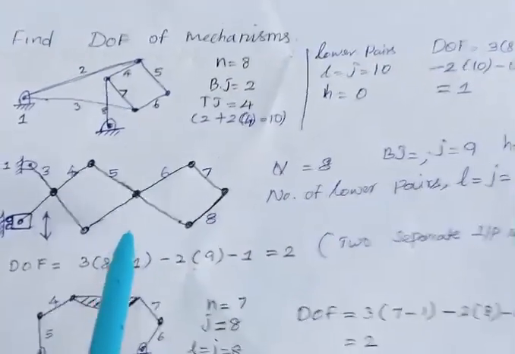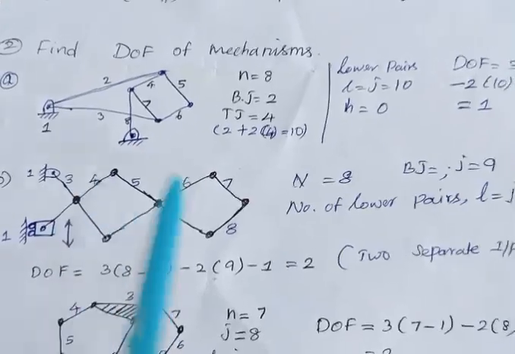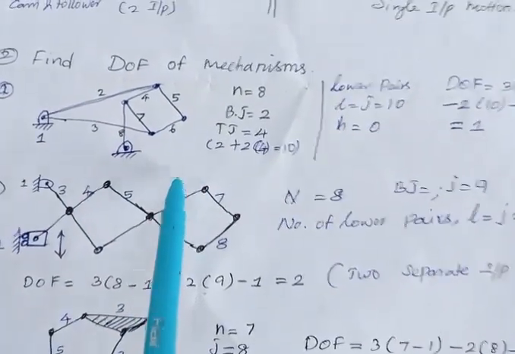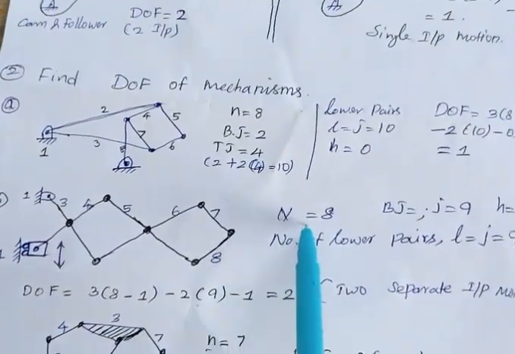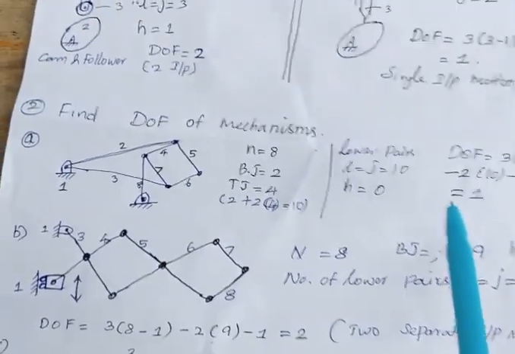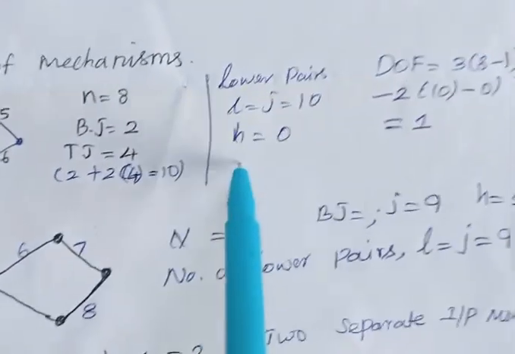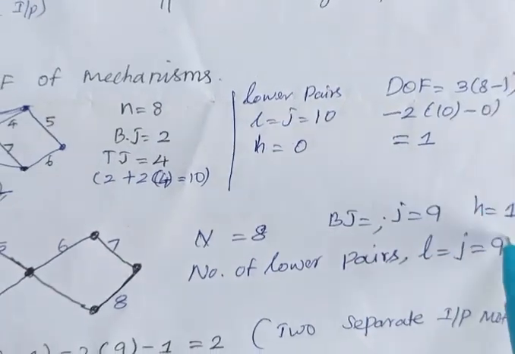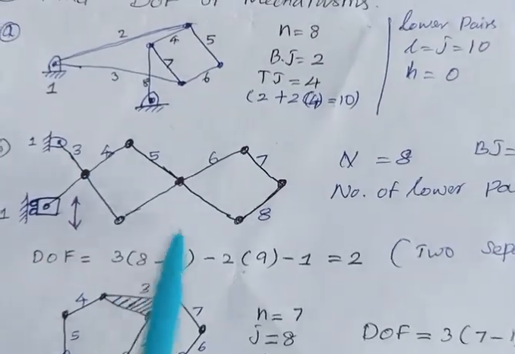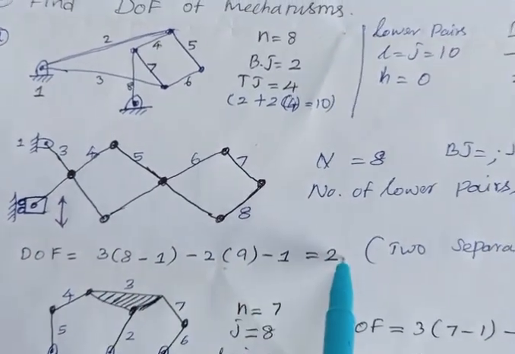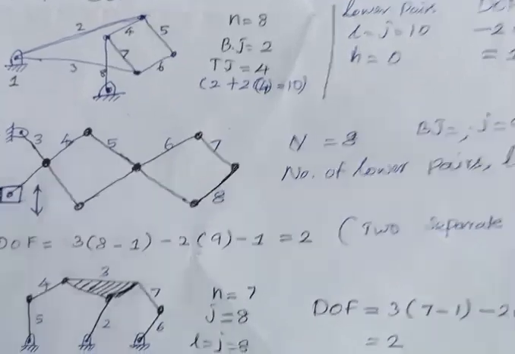The last one is another mechanism. Here the number of links equals 8, binary joints j equal 9 and h = 1, with lower pairs l = j = 9. From the equation we get two separate input motions.